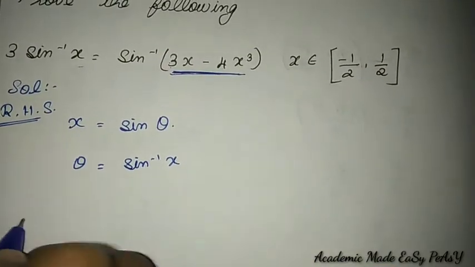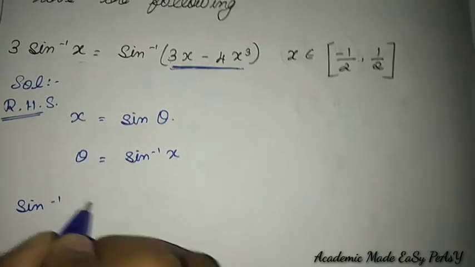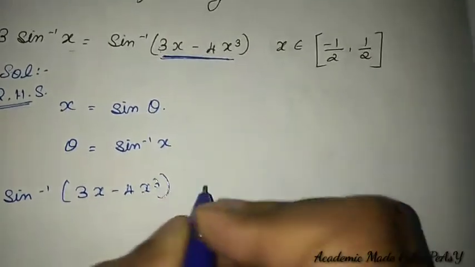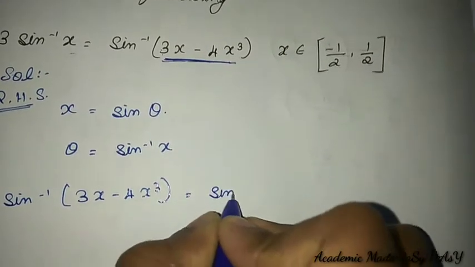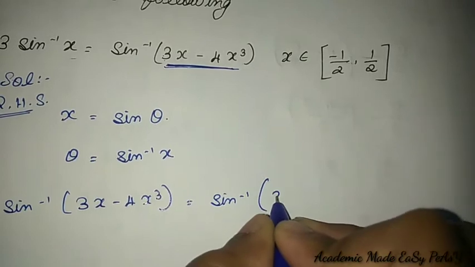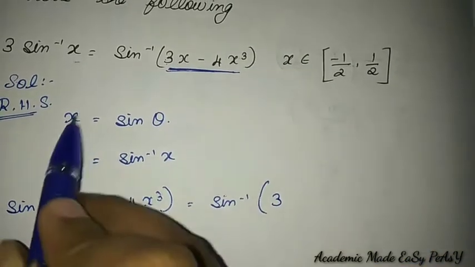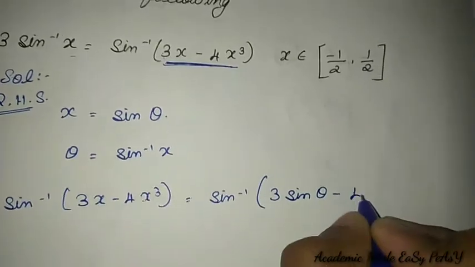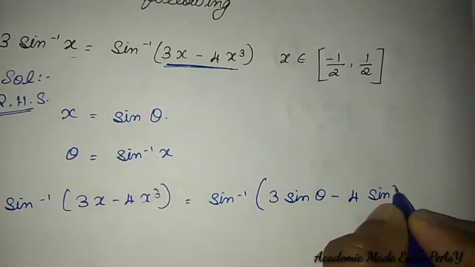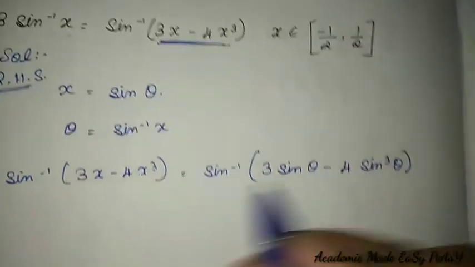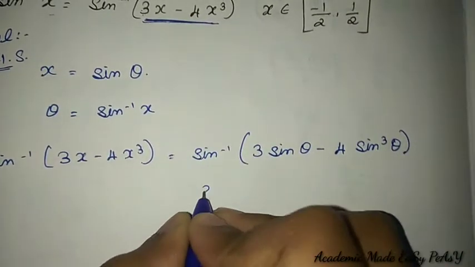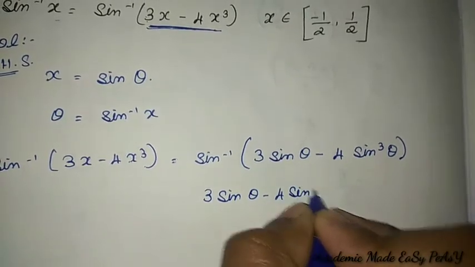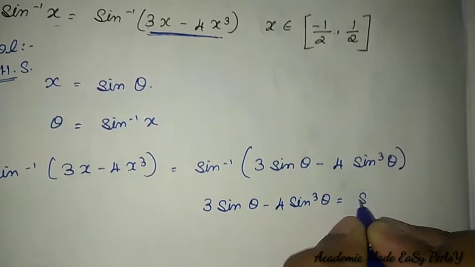So my RHS is sin inverse of 3x minus 4x cube, isn't it? Therefore I will write sin inverse of 3 times, x is sin theta, so sin theta minus 4 sin cube theta. Now I will write that 3 sin theta minus 4 sin cube theta is equal to sin 3 theta.